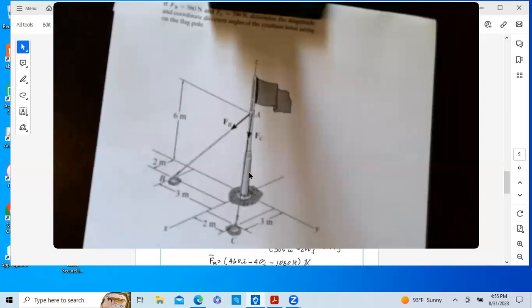In order to do that, we need to define the unit vectors. Okay, we know what the magnitude of the force is. If we have the unit vectors, we can write this force as a vector quantity, and we would have the IJK components, or the X, Y, Z components. So that's what we're going to do, is find the unit vectors.